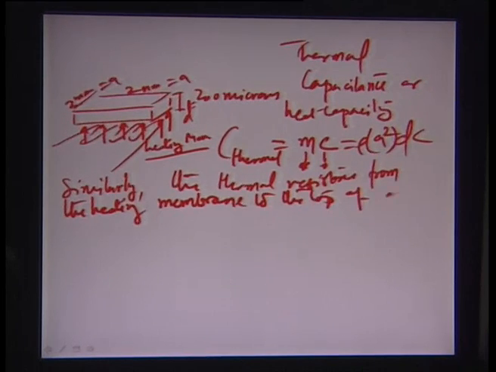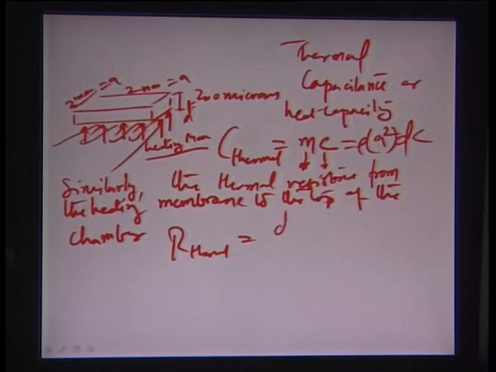Okay, so let's call it R thermal. In this case it would be X by KA, where X essentially is D here.